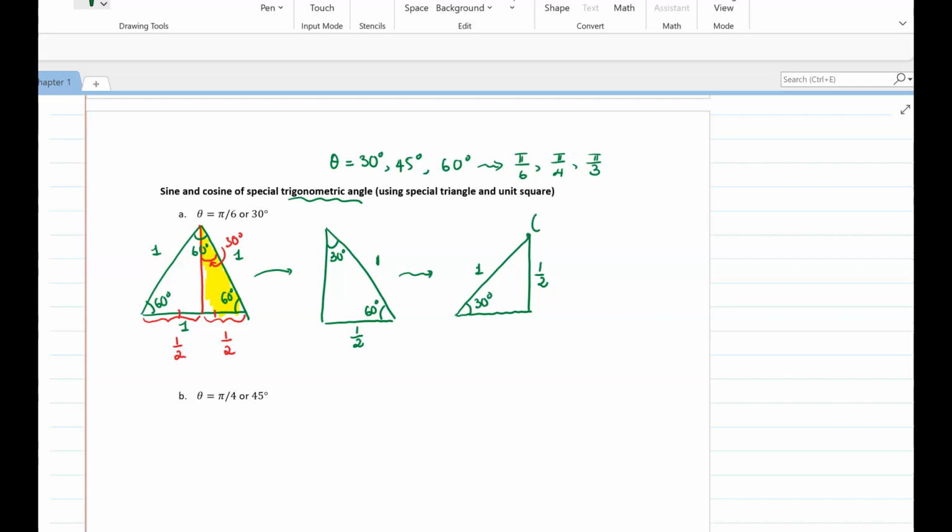This point (x, y) is the terminal point on the unit circle, and we can say that here y equals 1/2. This tells us that sine of 30 degrees is equal to 1/2.